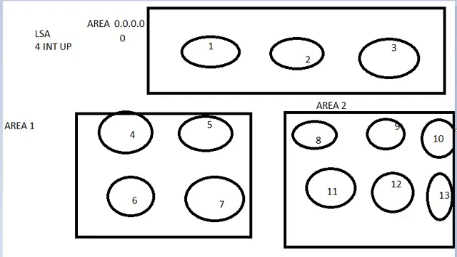So the reason we introduced this concept is that when we start telling a router this network and that network and this network and add them to OSPF, we also need to tell in which area we're going to add those networks. So we are going to add all our interfaces, all our directly connected networks, into area 0, and then later we will take a look at how multi-area OSPF works.